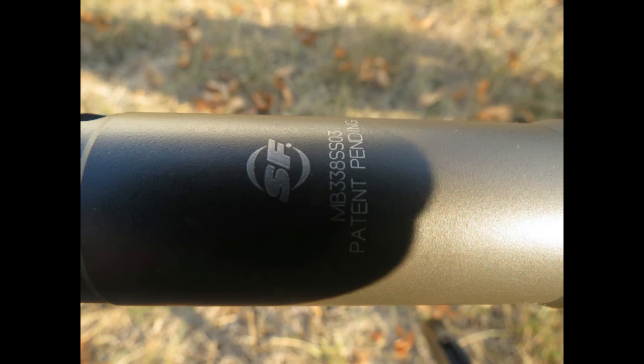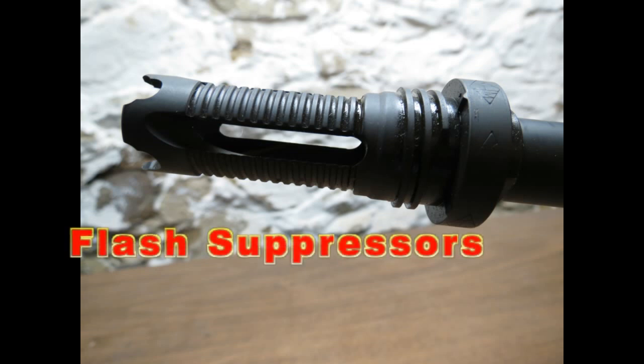Flash suppressors. That's another topic. You're going to see these mostly on your semi-automatic sniper systems as far as your long-range rifles. You could go ahead and equip a rifle with a flash suppressor. You could thread it and attach a flash suppressor on a bolt action if you wanted.